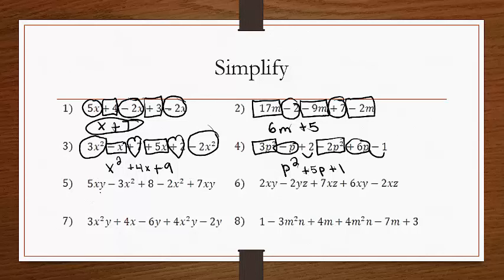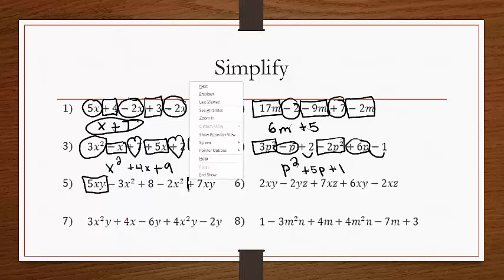Now in number 5, we have an x and a y. Okay, so we could read that as 5 groups of 2 times 3. So we would need to have both x and y in order to count them as a like term. So I do see another group here.